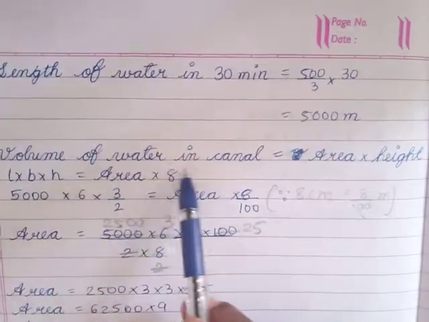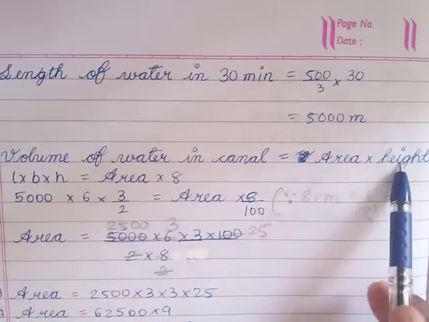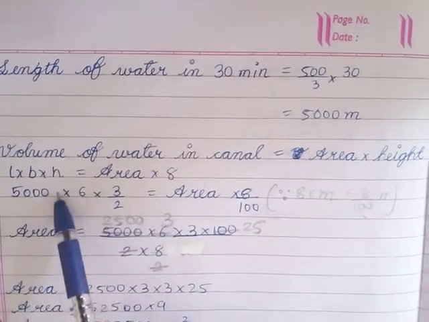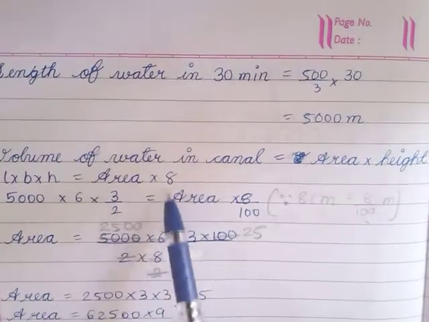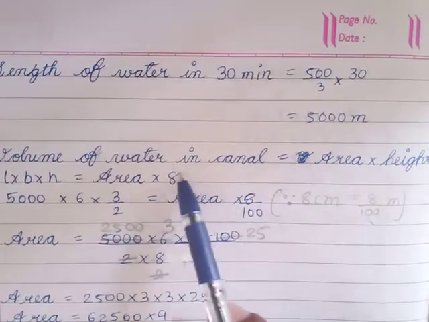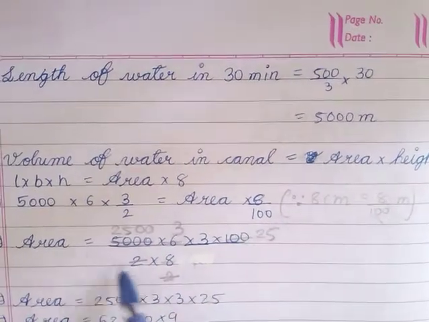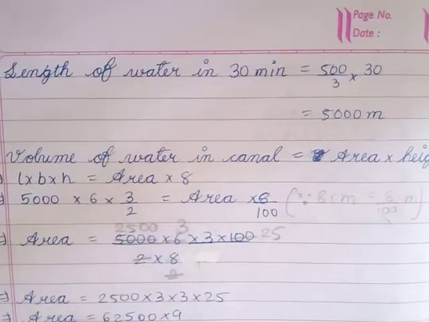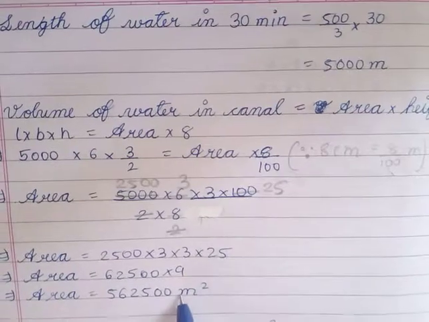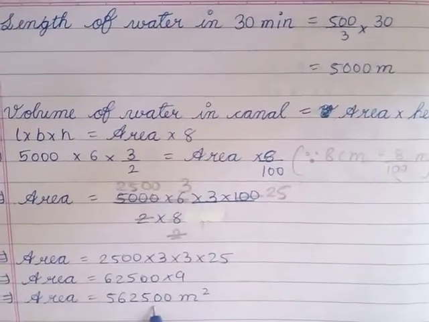So volume of water in the canal is equal to area into the height. L into B into H is equal to area into 8. The standing water height is 8 centimeters, so 8 upon 100. If we simplify, we will get the area. This is the area.